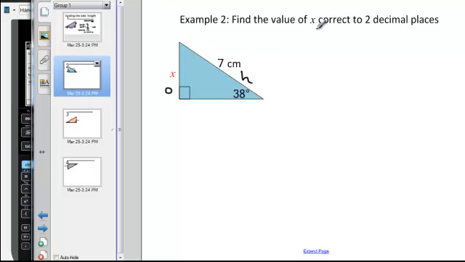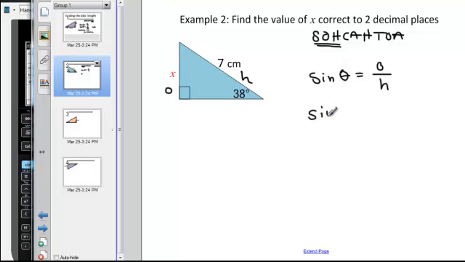Okay, so we'll write our favorite word up here, SOHCAHTOA, to see which trig ratio we need to use. And because we've got the opposite and the hypotenuse in this question, we want to then use the sine ratio, because sine is opposite over hypotenuse. So let's just write that down. The sine of whatever theta is, whatever our angle is, the opposite over the hypotenuse. And let's fill in what we know.